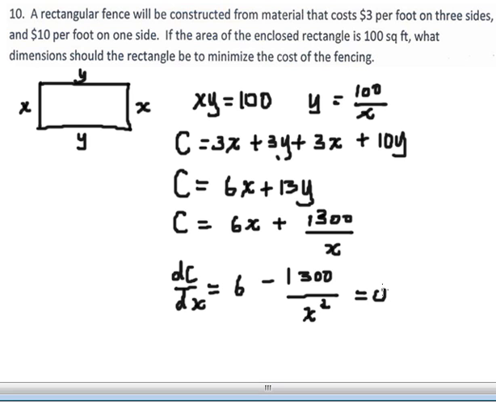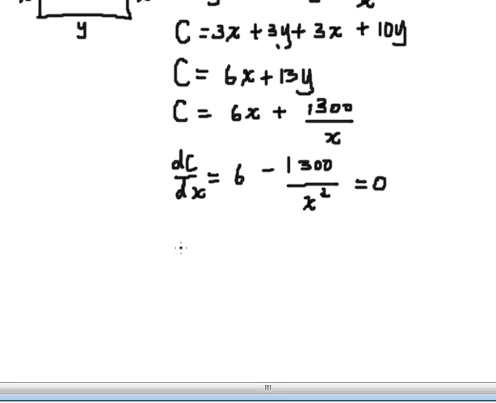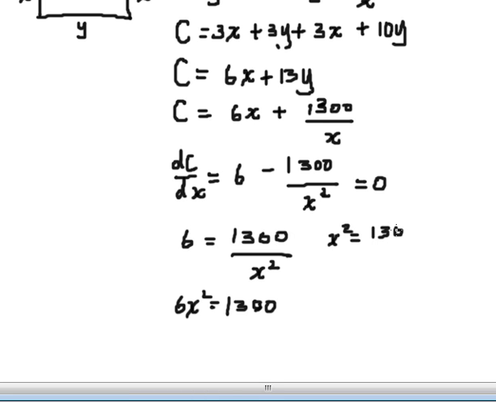And if we set this equal to 0, we get 6 is equal to 1300 over x squared. 6x squared is equal to 1300. X squared is 1300 over 6. And we get x is the square root of 1300 over 6, and that comes out to approximately 14.7.